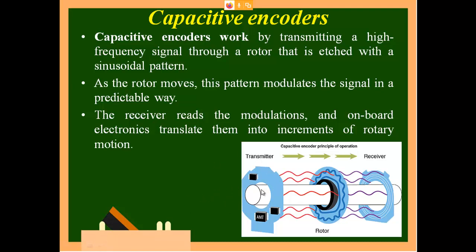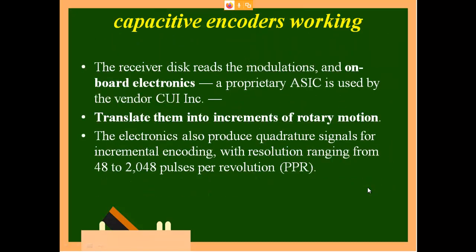It is transmitted from here and allowed to pass through a rotor which has an etched sinusoidal pattern of metal piece. So the waves will deflect, and this deflection is read by the receiver. The receiver reads the modulation, and onboard electronics produce ASCII code.